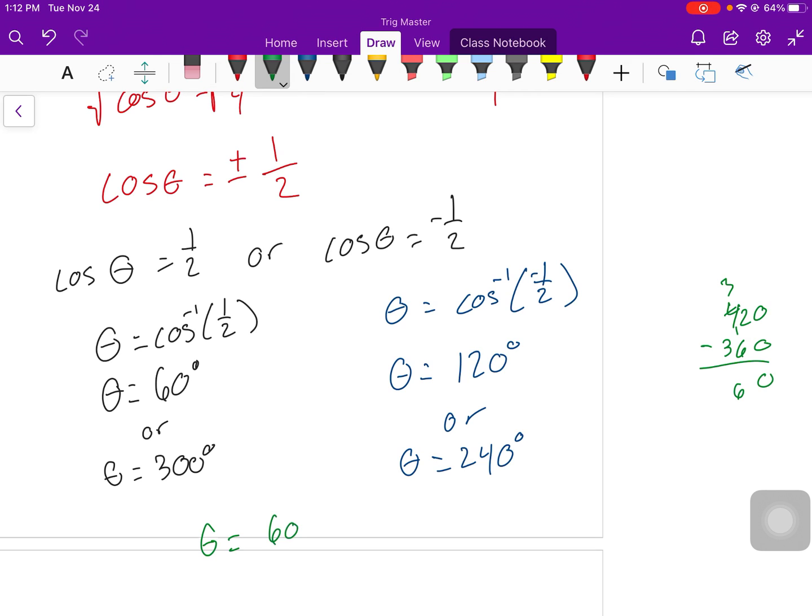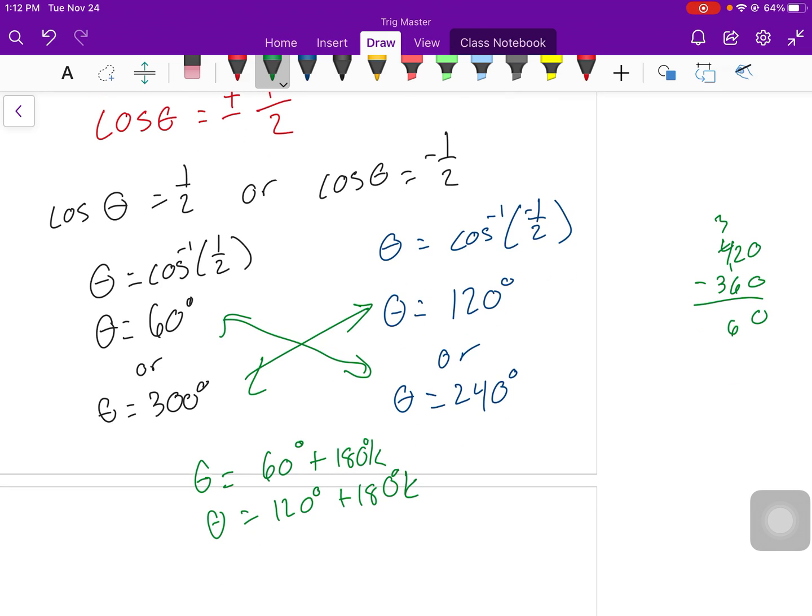So that works. You could have theta equals 60 degrees plus 180k. That takes care of those two. And then you could have theta equals 120 degrees plus 180k, which would take care of those two. We should put a degree symbol with that 180k. This is like the most abbreviated way you can write the answer for this specific question.